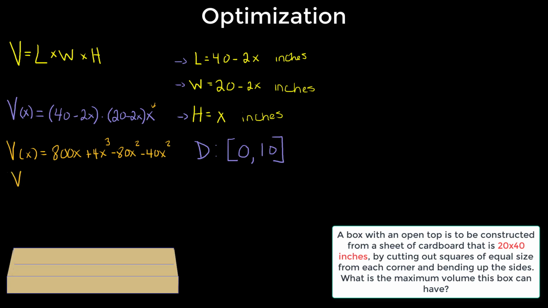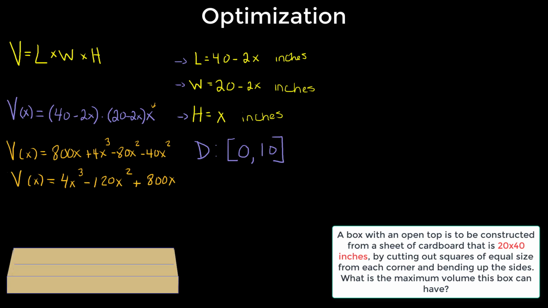In simplifying, I'm going to move everything around so it's in descending order, or standard form. So 4x cubed minus 120x squared plus 800x.